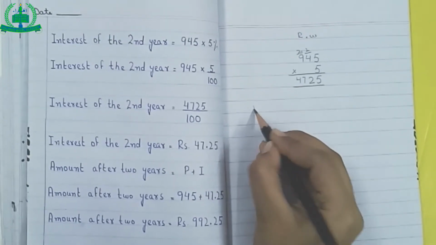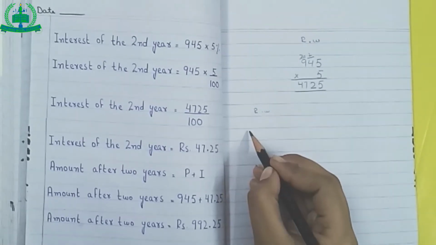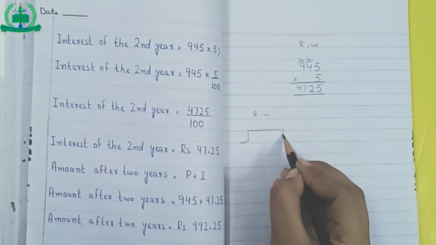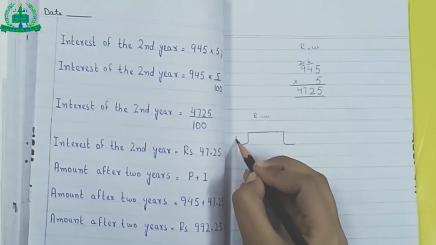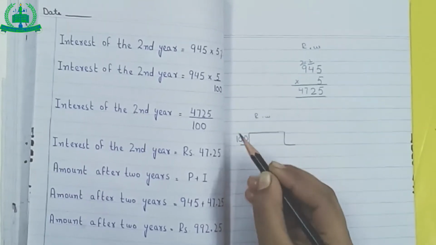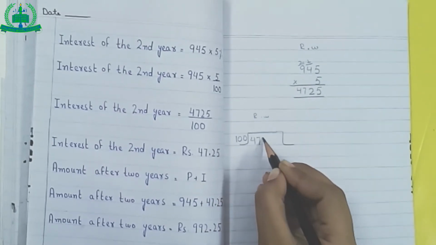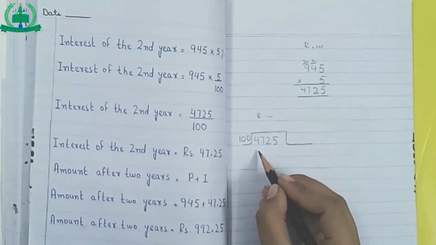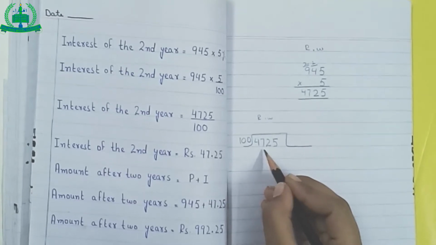Rough work. To divide, we put denominator in divisor place and numerator in dividend place. 100 ones are 100, 100 twos are 200, 100 threes are 300, 100 fours are 400.